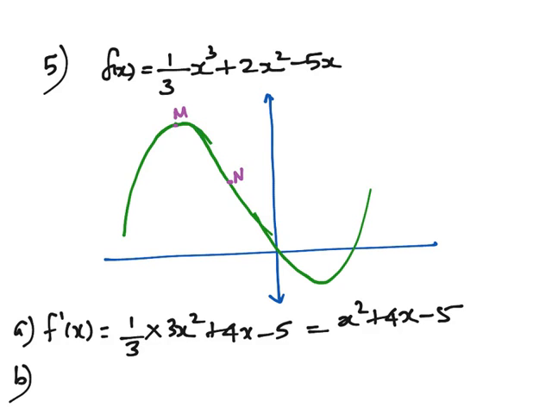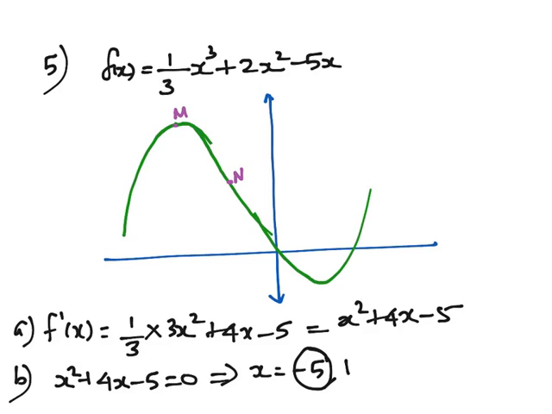It is quite obvious that m is a stationary point, so equate the first derivative to 0, that means x squared plus 4x minus 5 equal to 0, which will give me x equal to either minus 5 or plus 1. So definitely the x coordinate of m has to be negative, therefore the answer is minus 5.